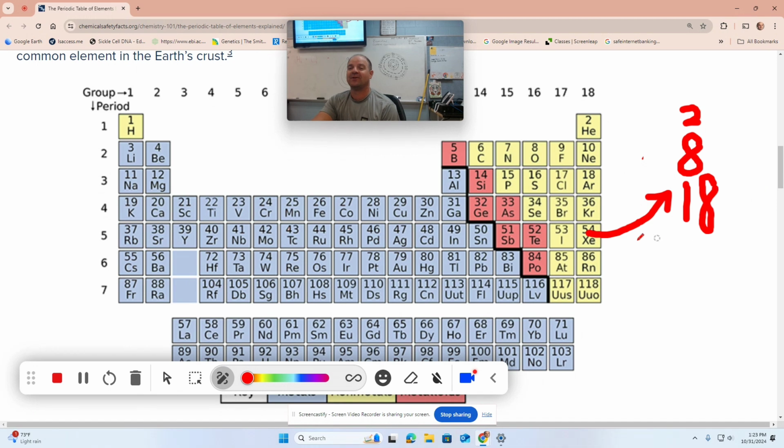How about the fourth? Also up to 18, because there's 18 across in those 2 rows, right? But you can't have them in the outermost shell. So we're in the 5th row, so that 5th ring would have up to 8. Okay?